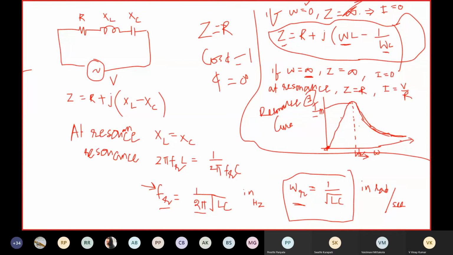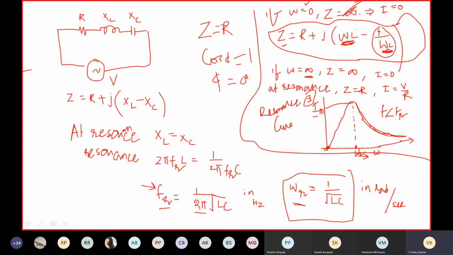Here you can see this is where the difference occurs. If F is less than FR, meaning for lower frequencies, the frequency is low, so XC will be more.